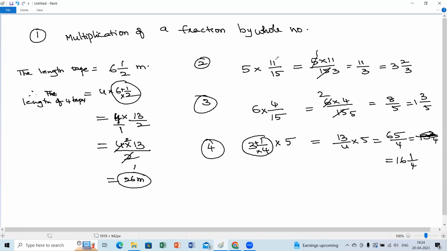What about Varshit and Kritvik? Are you doing? Yes or no? Yes, ma'am. You can send it through the chat box.